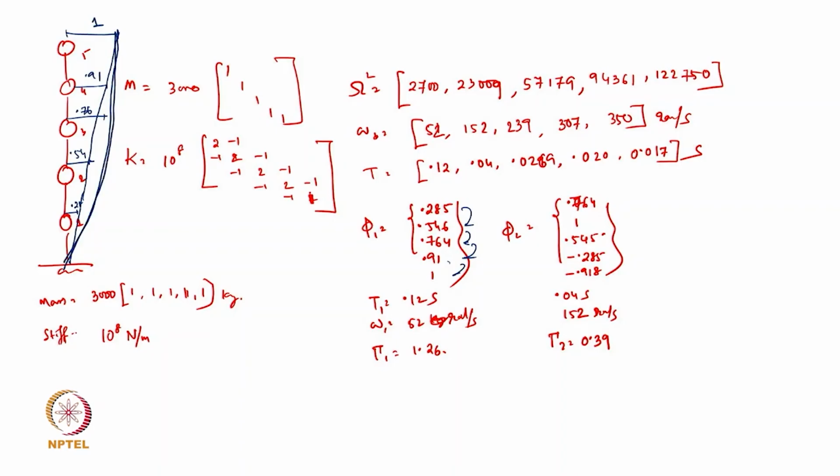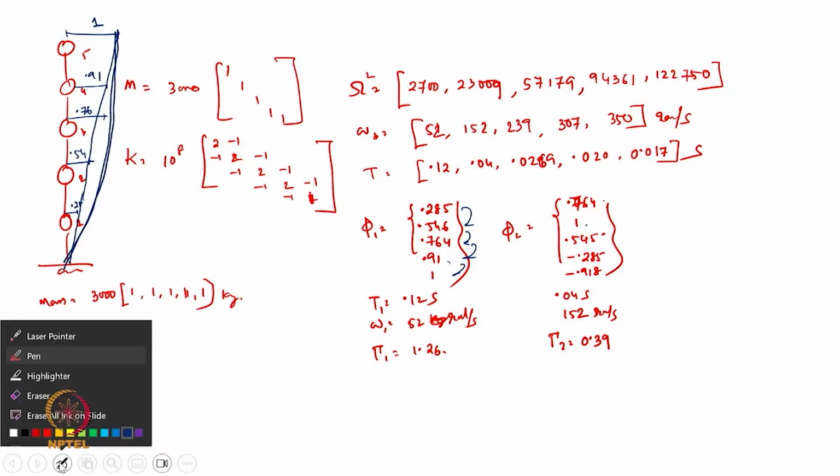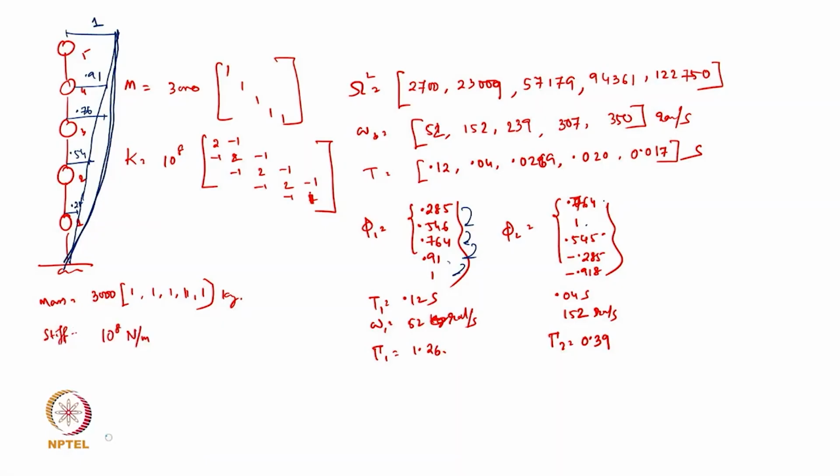And what about the second one? Second one, you see, it is 0.76. So we can try to draw it with another color, maybe. So that is 0.6, then it goes to 1, then it goes to 0.5 somewhere here, then it goes to minus here.